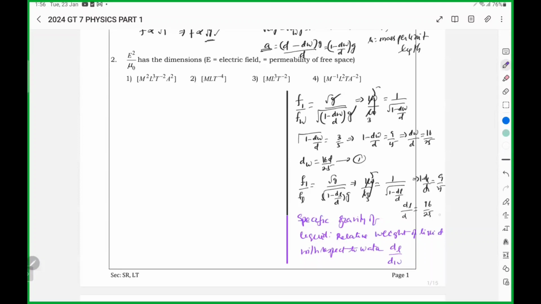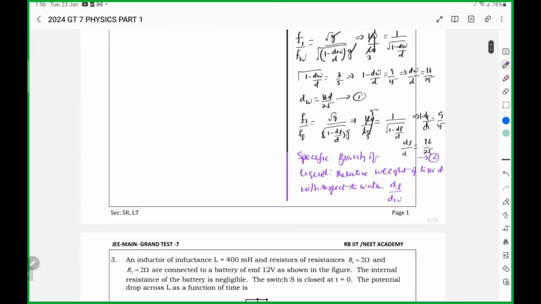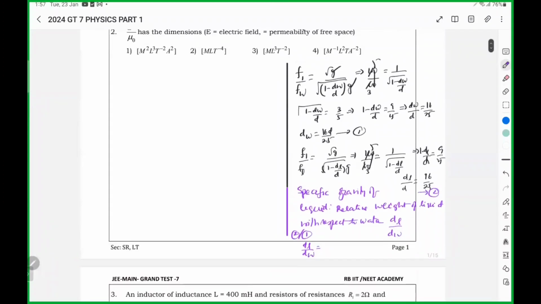So from this 1 and 2, if I divide 2 by 1, d cancels. d_l by d_w here, what I am doing is dividing the second with the first. So 25 gets cancelled. One minute, I made a mistake.